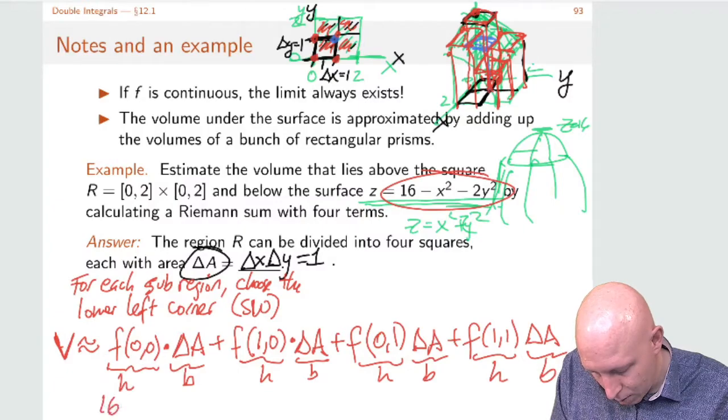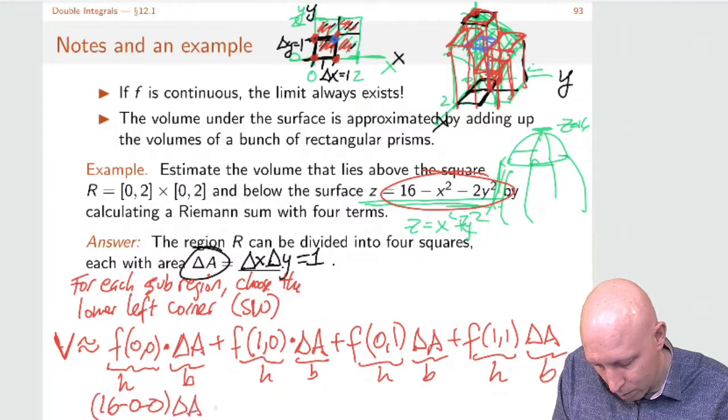So 16 minus 0 times delta A plus f of 1, 0.